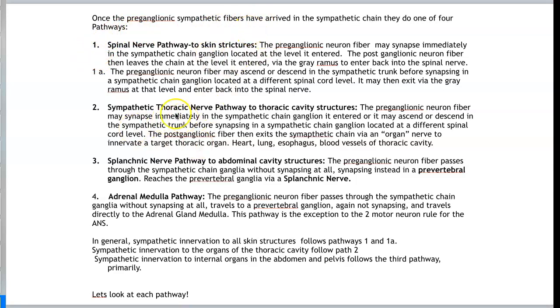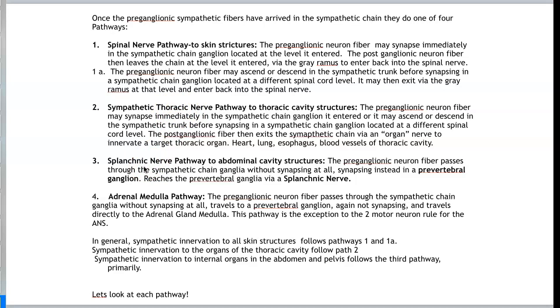If you are going to the thoracic cavity, to the heart and the lungs, you are going to enter the sympathetic chain ganglia. You are going to synapse in the sympathetic chain ganglia, and you are going to leave through a thoracic sympathetic nerve that will take you to the heart or the lungs.